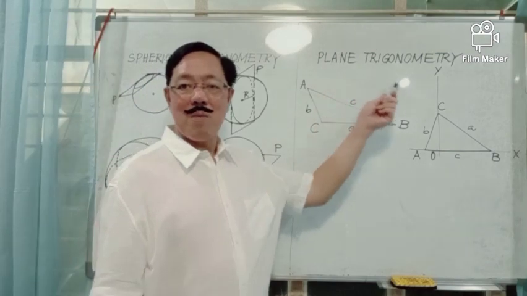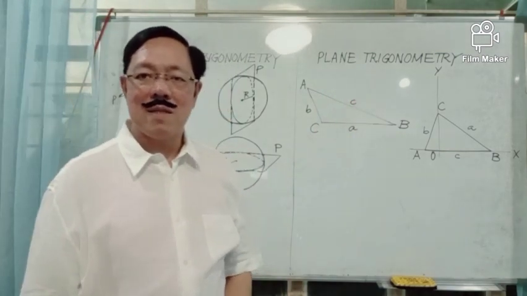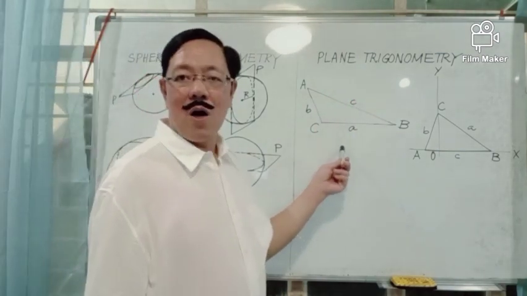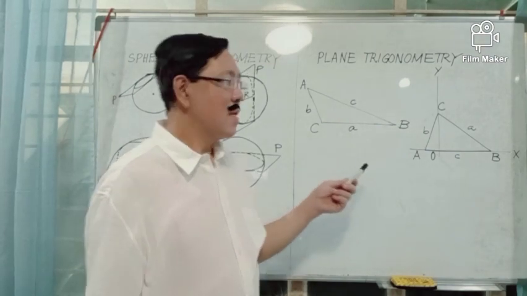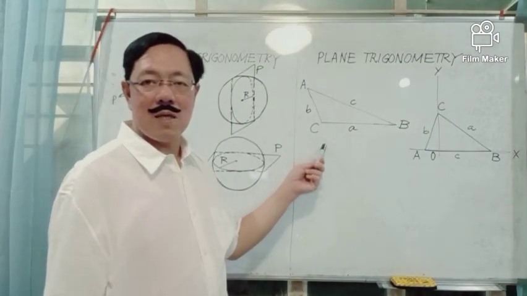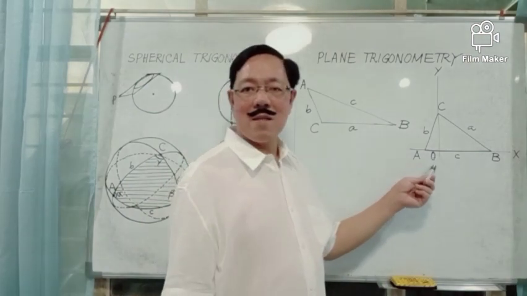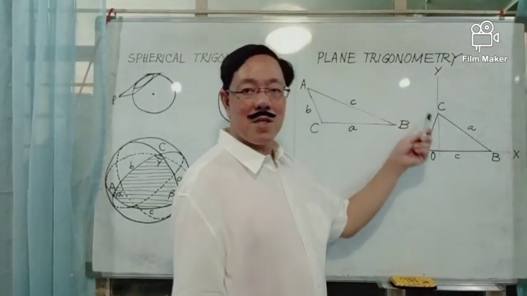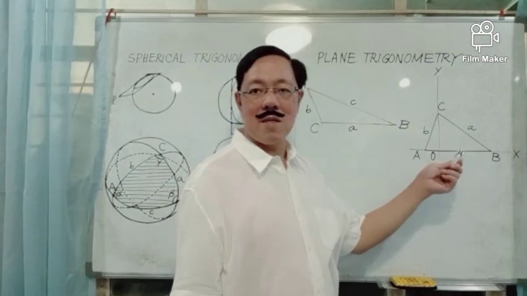In plane trigonometry, we deal with triangles on a plane, such as this triangle, or triangles drawn in the Cartesian plane, such as this triangle.